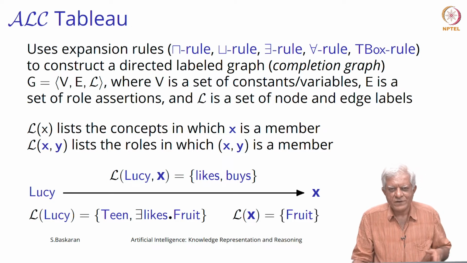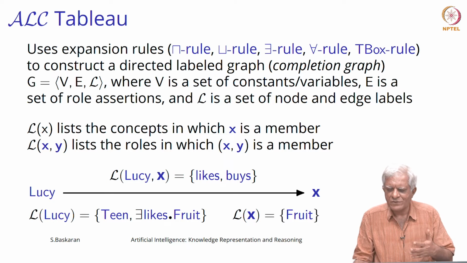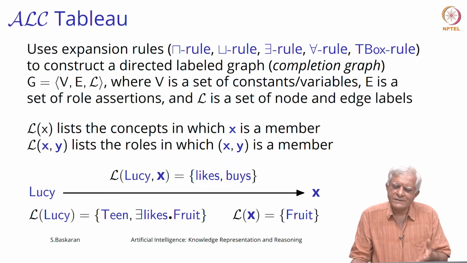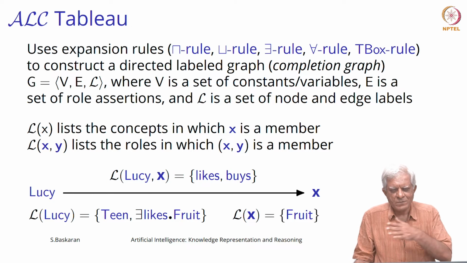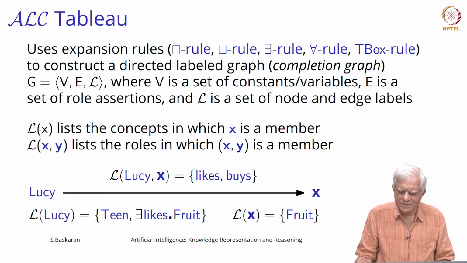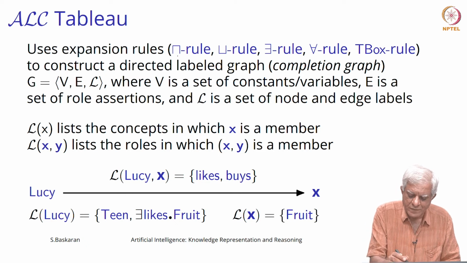If the process of extending the tableau terminates, in the sense that you cannot apply any more rules and there is no contradiction, then it is satisfiable. But if all branches are closed, then it will be unsatisfiable, exactly like what we did in the tableau method for propositional logic, except that the rules here are as follows.